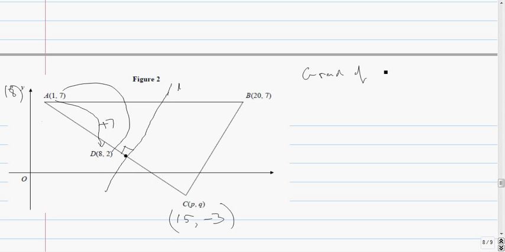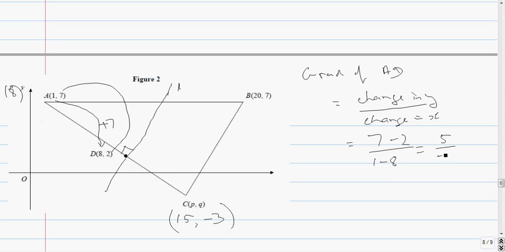So the gradient of AD is equal to change in Y divided by change in X. So the change in Y, I will set the biggest value, which is 7, minus 2, and then it will be 1 minus 8, which is going to give us 5 over minus 7.